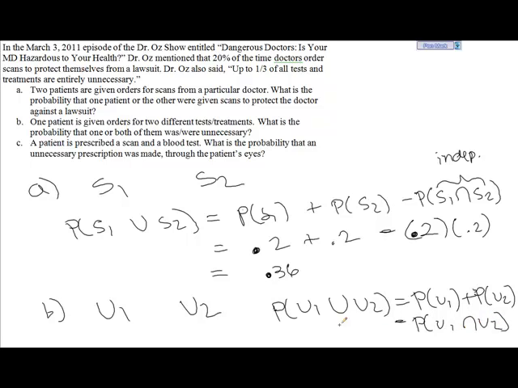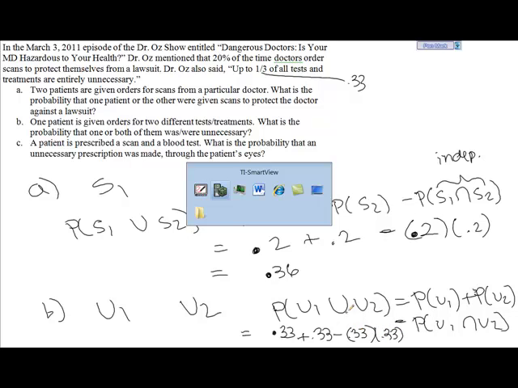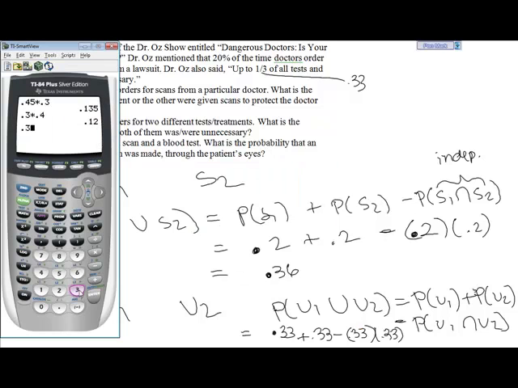And similarly under independence, we can write this as 0.33, which is basically just 1/3 as a decimal, so that's 0.33 right there, plus 0.33 minus 0.33 times 0.33. So we will consult our calculator on this one, plus 0.33 minus 0.33 times 0.33, or you could just do 0.33 squared for that last term.